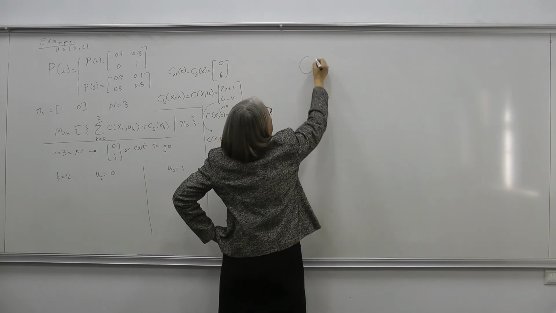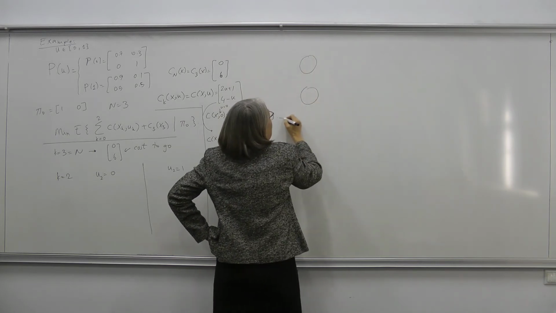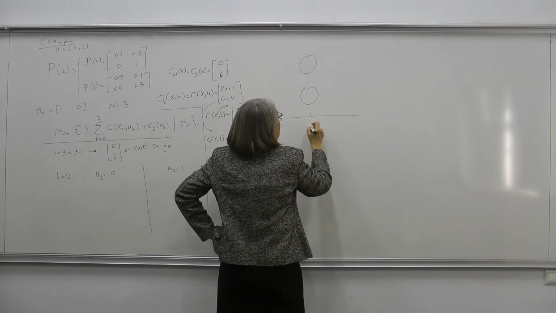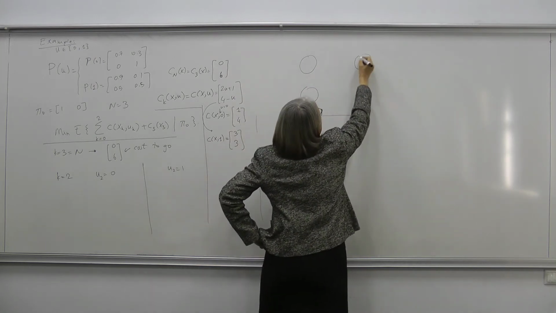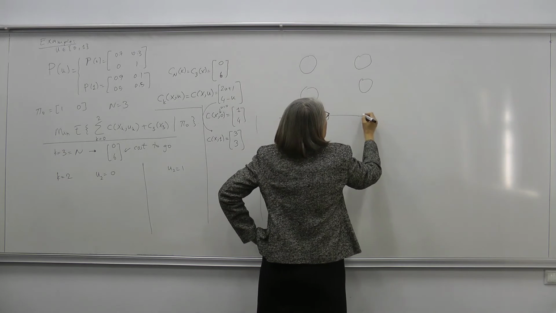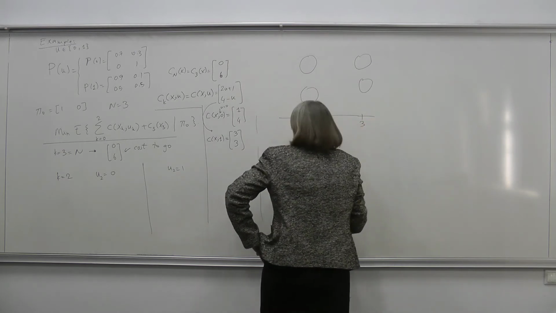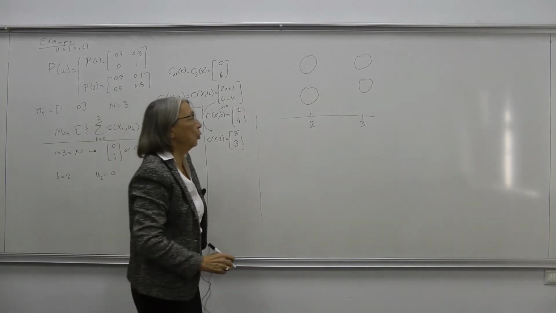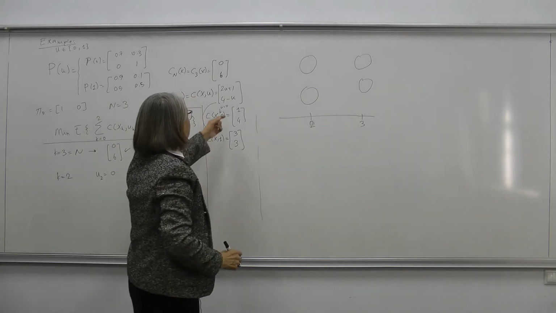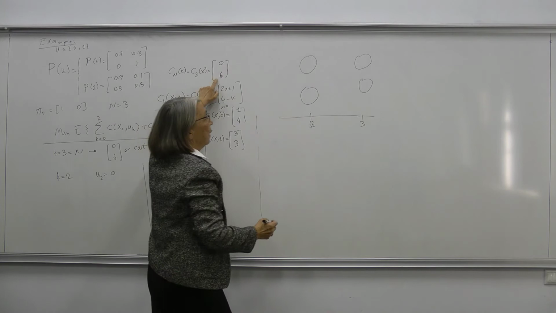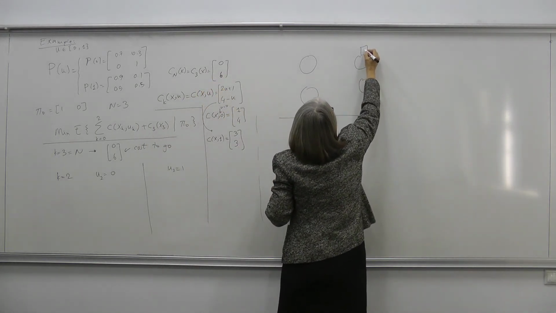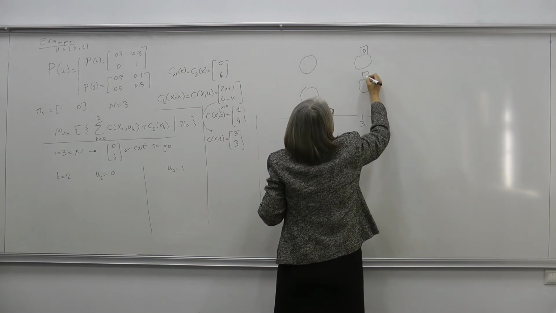This is the time 2, and this is the time 3. We have already calculated the cost to goes for time equals to 3, and they are given to us as 0 and 6. So I will write here 0 and right there 6.